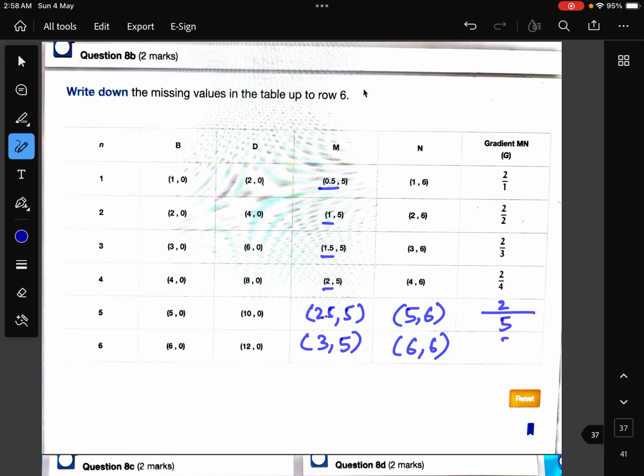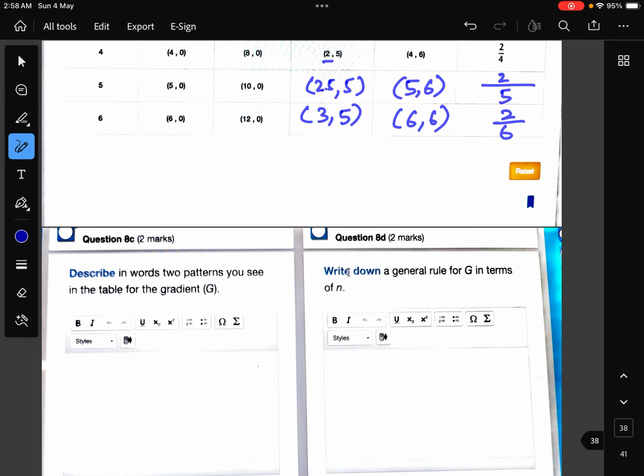So this will be 2 over 5. This will be 2 over 6. You should be able to spot this little pattern here. There is no need for you to simplify 2 over 6. You can just leave it as 2 over 6, because if you convert that into 1 over 3, you're not going to spot any pattern anymore. So leave it as 2 over 6.